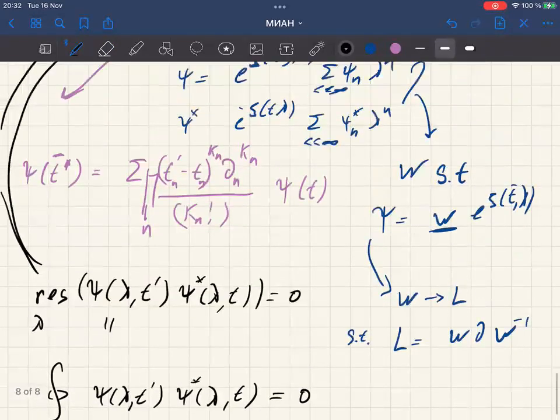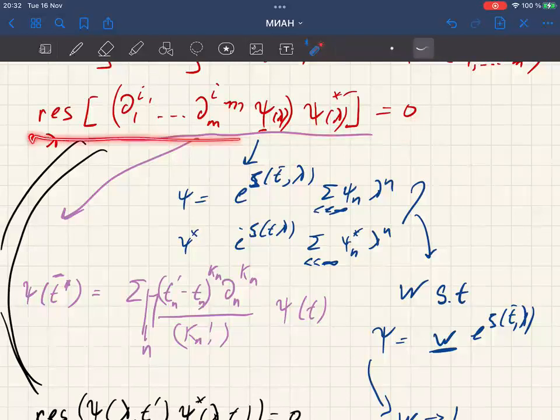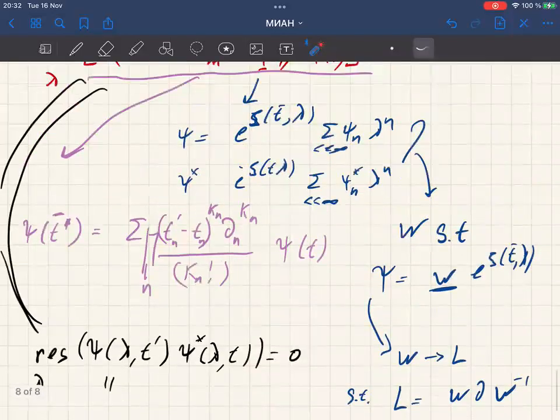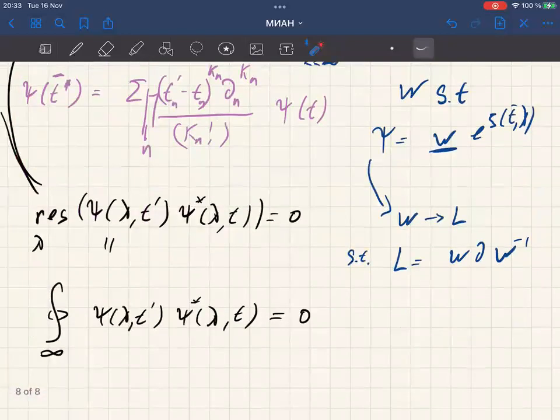I just wanted to say that this way of writing it is useful for the proof of this theorem, but it is not very useful for recognition of this. Is it clear? Any question? Yes, clear.